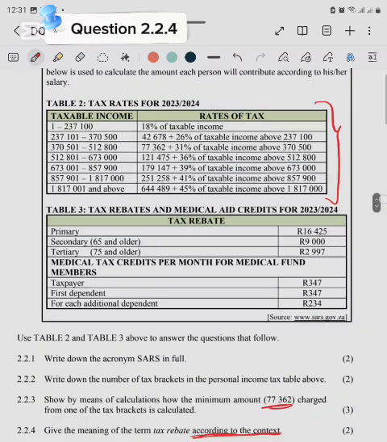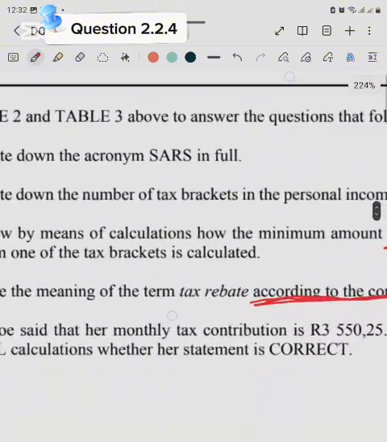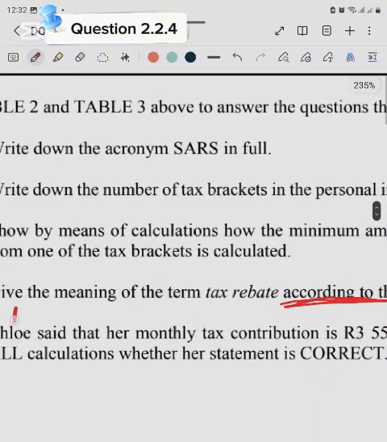So if I was just defining tax rebate, I would say something to the effect of tax rebate is the amount of money by which SARS reduces your tax owing according to age or depending on age. So it is a reduction, and this is the key point we're looking for, reduction on tax.